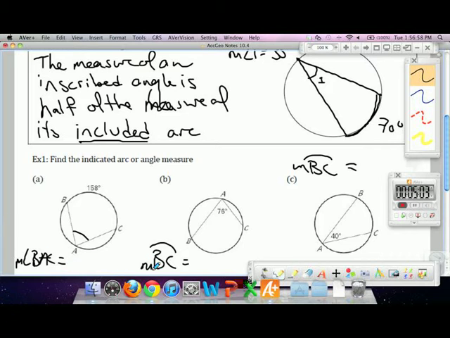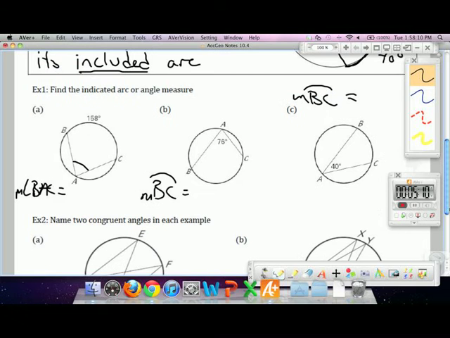What's the measure of angle BAC? 79 degrees. 79 degrees, half of the included arc.